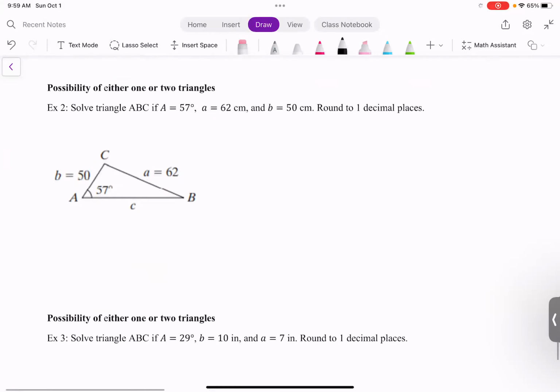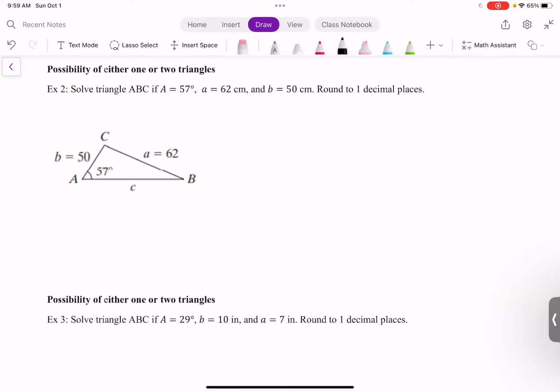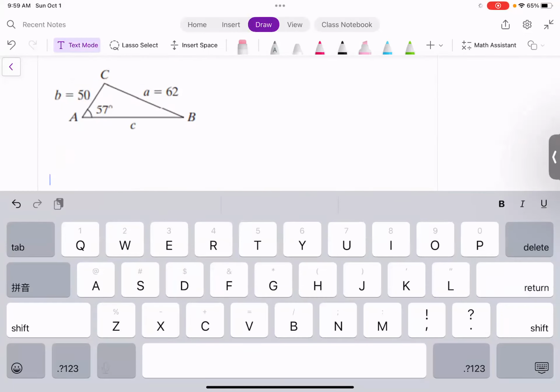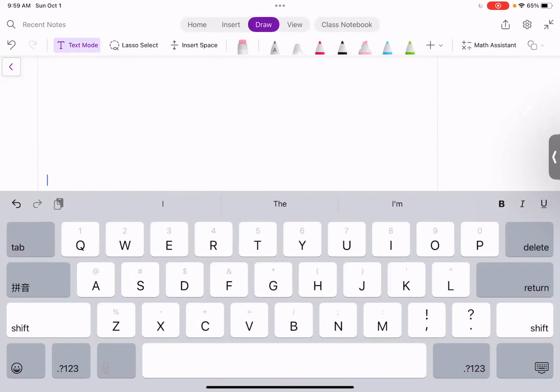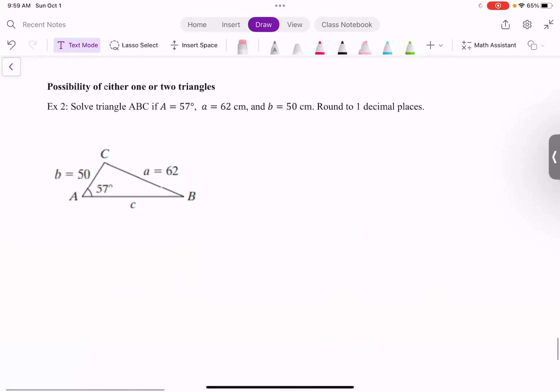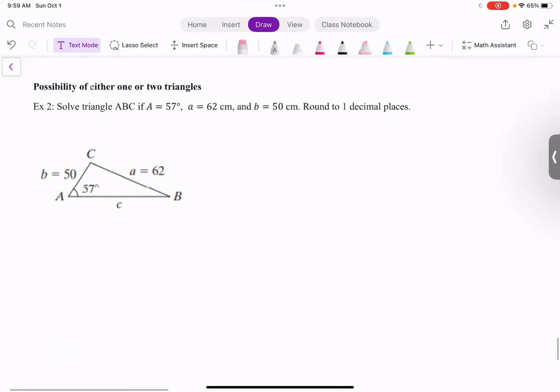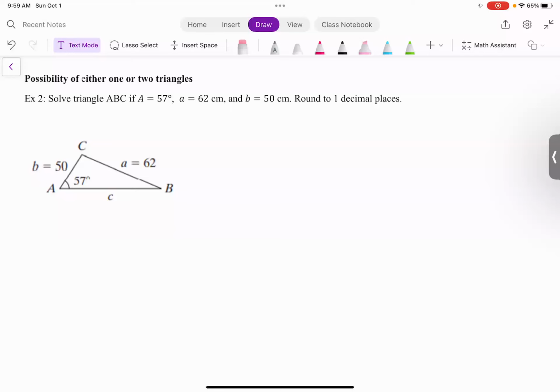Okay, let's see the second example: possibility of either one or two solutions. Solve the triangle ABC if angle A equals 57 degrees, a equals 62 centimeters, and b equals 50 centimeters.